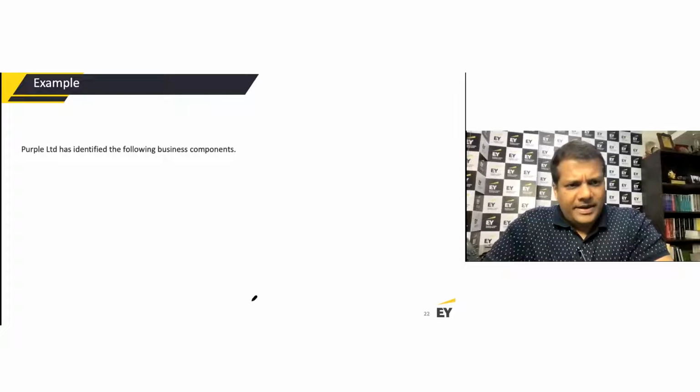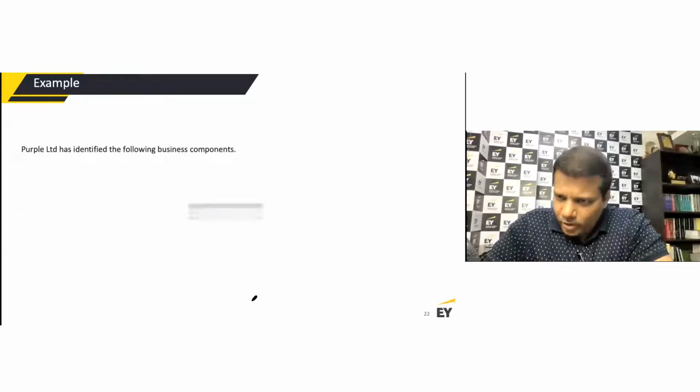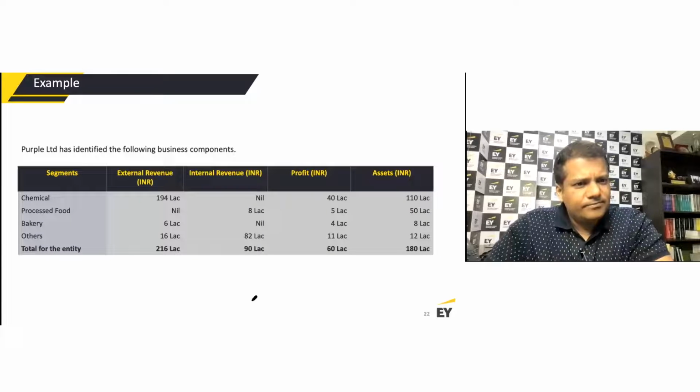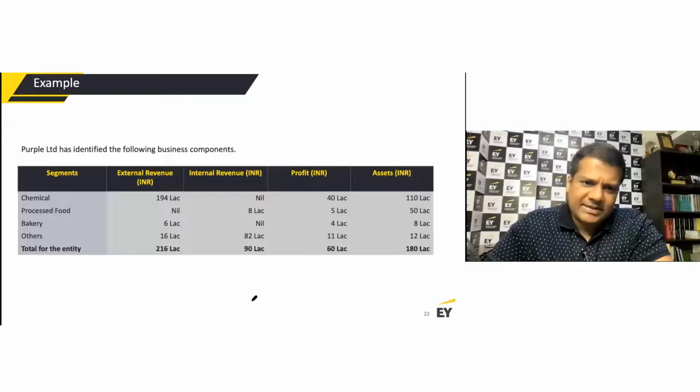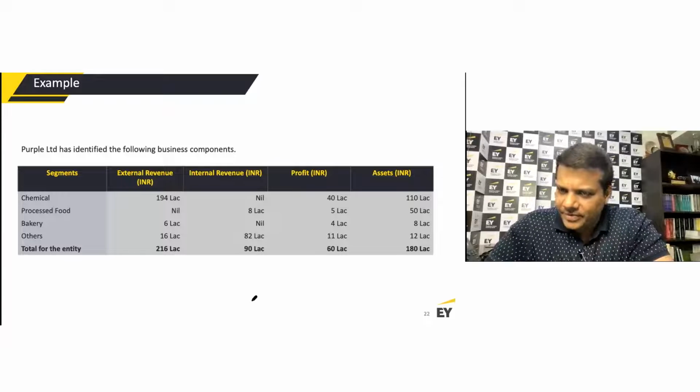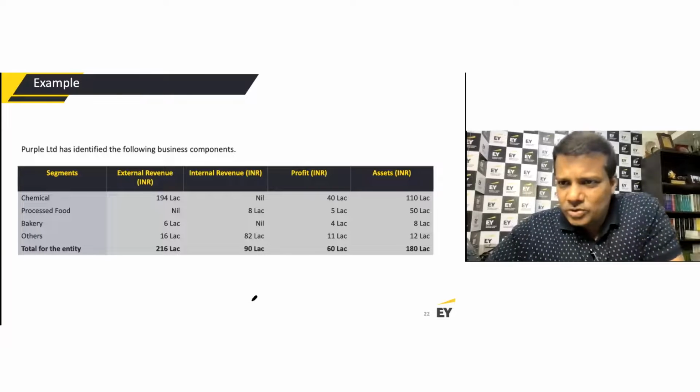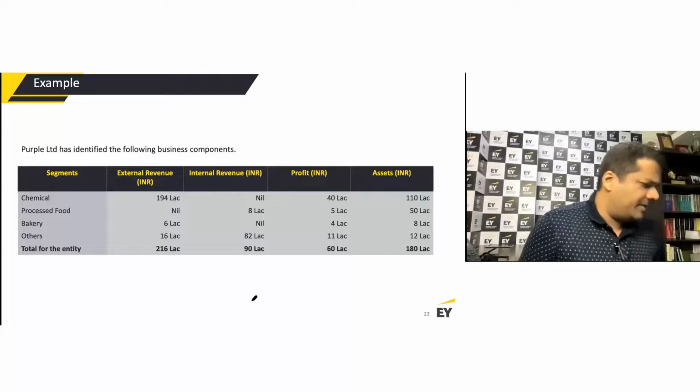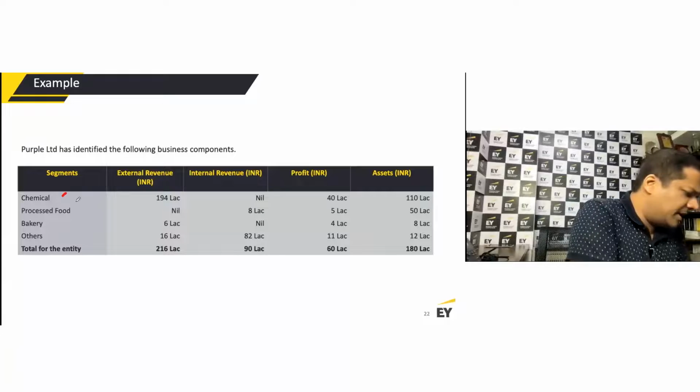So Purple Limited has identified the following business components: chemical. There are external revenues, internal revenues, profit, and assets; all kinds of information are available here. There are four business segments, or four ways the information is being captured: chemical, processed food, bakery, and others.